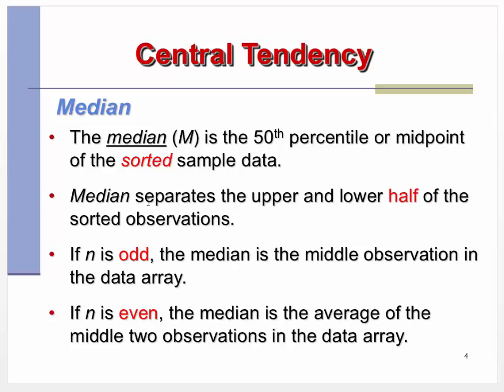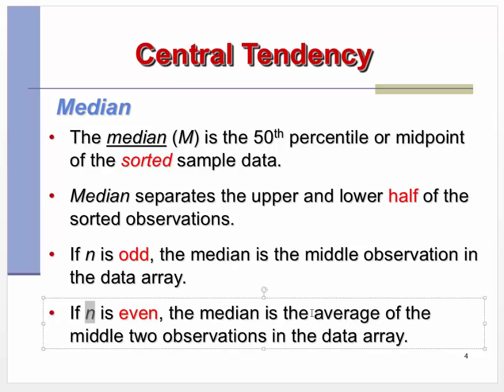The median basically separates the upper and lower half of the sorted observations. If the number n is even, then you find the middle point. Then there are two halves, the lower half and the upper half of the data.